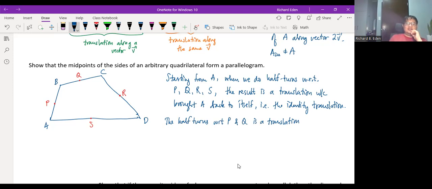Okay, which brings A to C. Okay. So its vector, the vector of this translation, so its vector V is parallel to AC.